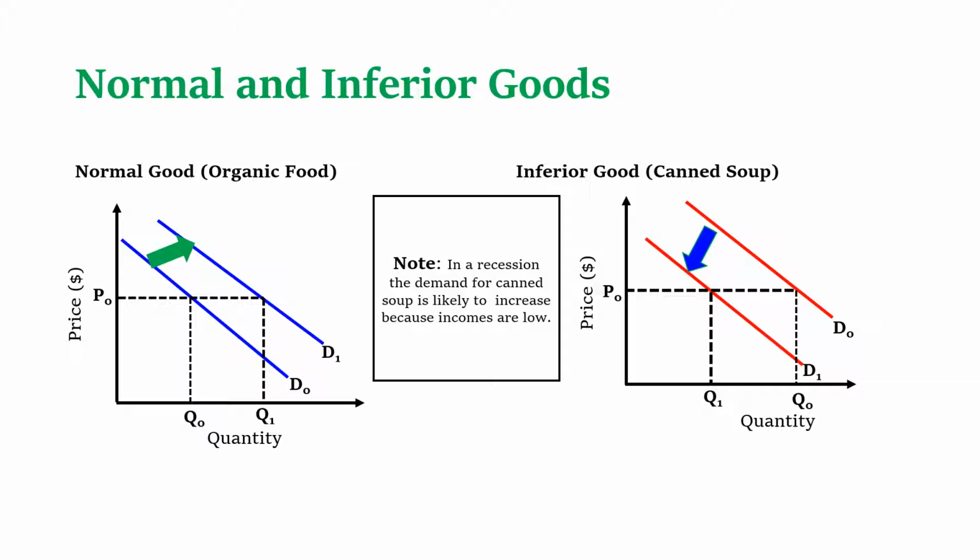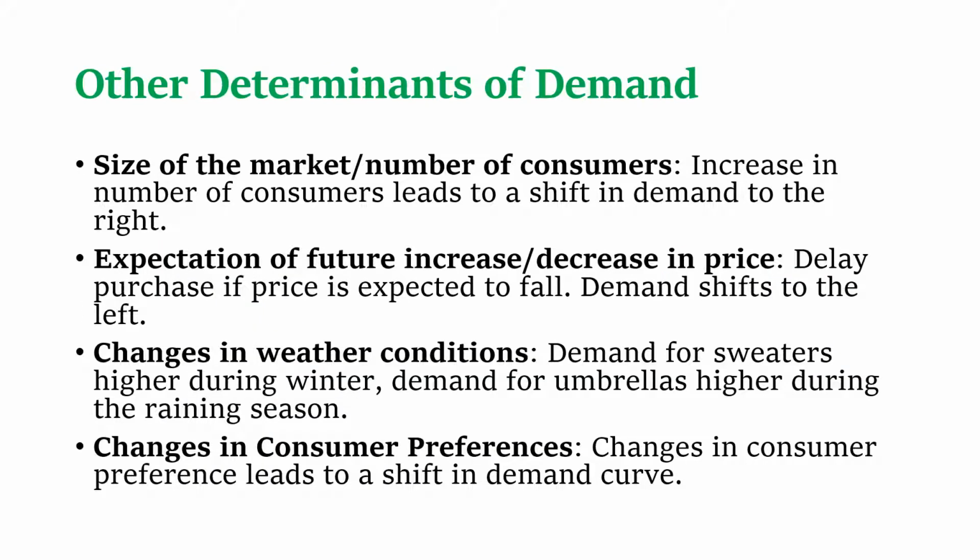Things are really tight, and so people buy more of these inferior goods. So more inferior goods will be demanded during a period of recession or depression. In a boom period where incomes are rising, you expect more of the normal goods to be demanded. Okay, let's move on.